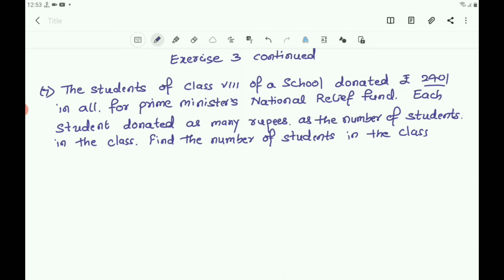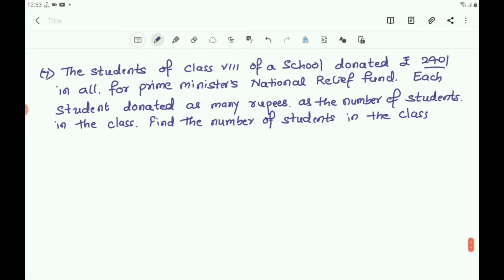Here the total amount given by the class is rupees 2401, and the amount given by each student equals the number of students in the class.